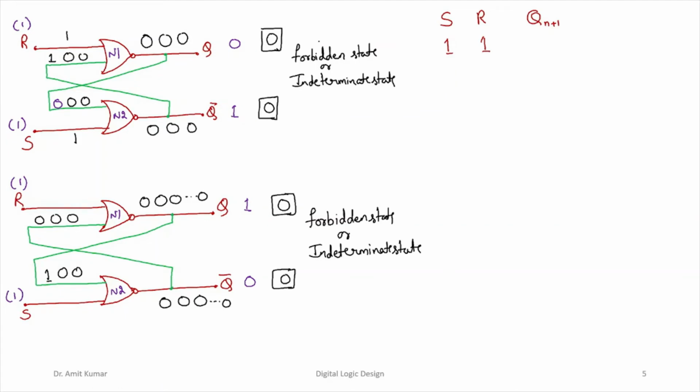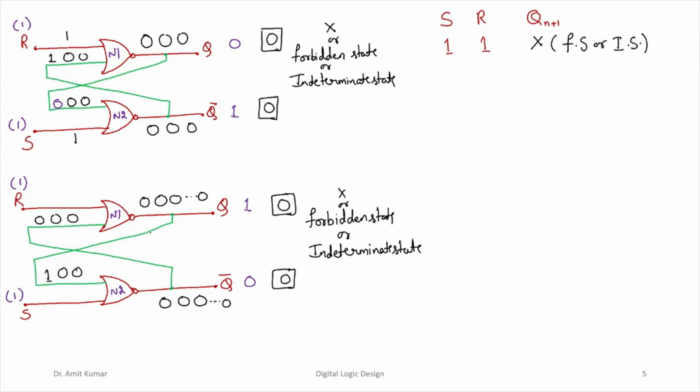We also represent this with the help of this particular symbol, the cross symbol, right. What we can conclude is, if both of the inputs of the SR latch, that is S and R, are equal to 1, then the output Q(n+1) will be in the forbidden state. We call this the forbidden state or indeterminate state.